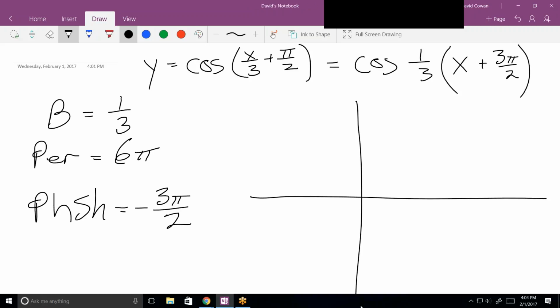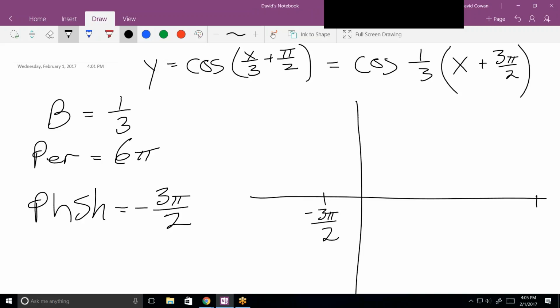So when I grid this, I want to make sure I can fit 6 pi on there. So I immediately do that. Let me go backwards a second. I start with the starting point. I'm going to call the starting point right there minus 3 pi over 2. That's where my cosine curve is going to begin.